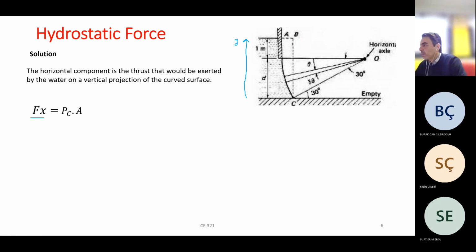Here is my vertical projection of this curve, and I have a pressure here with the value of gamma times h. H is 1 meter, given, and another pressure here.